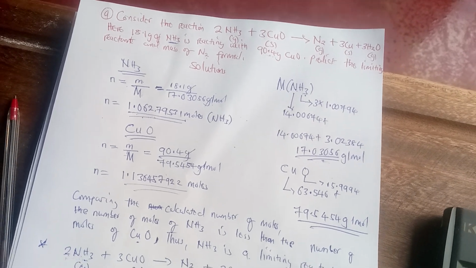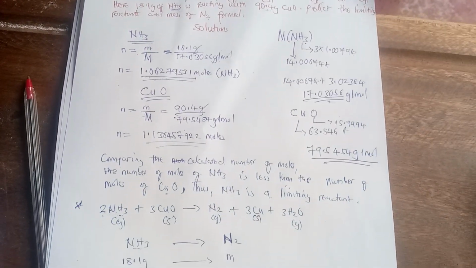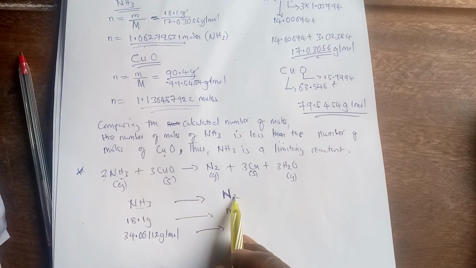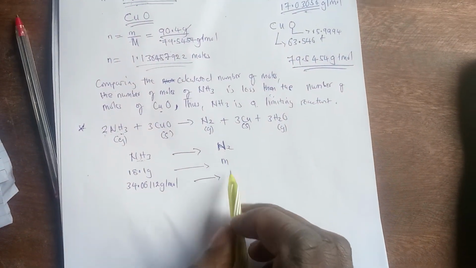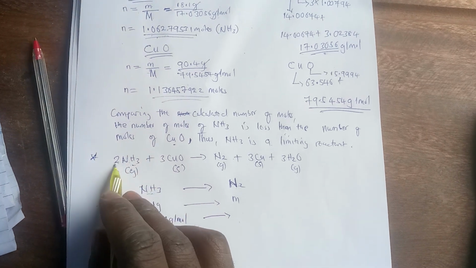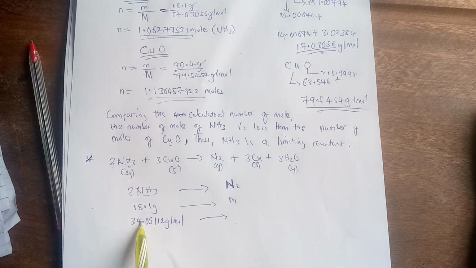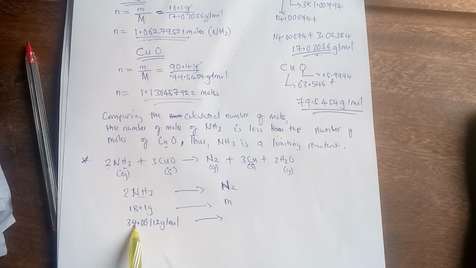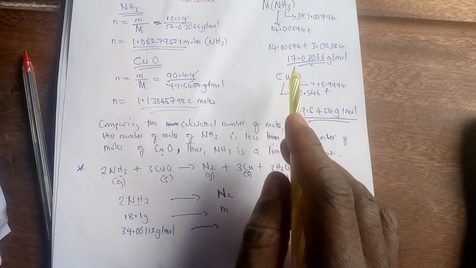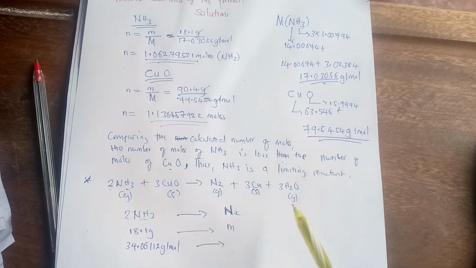And then this side also, we find the molar mass of nitrogen gas. After finding the molar mass of ammonia with a 2 there, if you want, you can even put it here to show that no wonder we are multiplying that 17.03056 by 2.